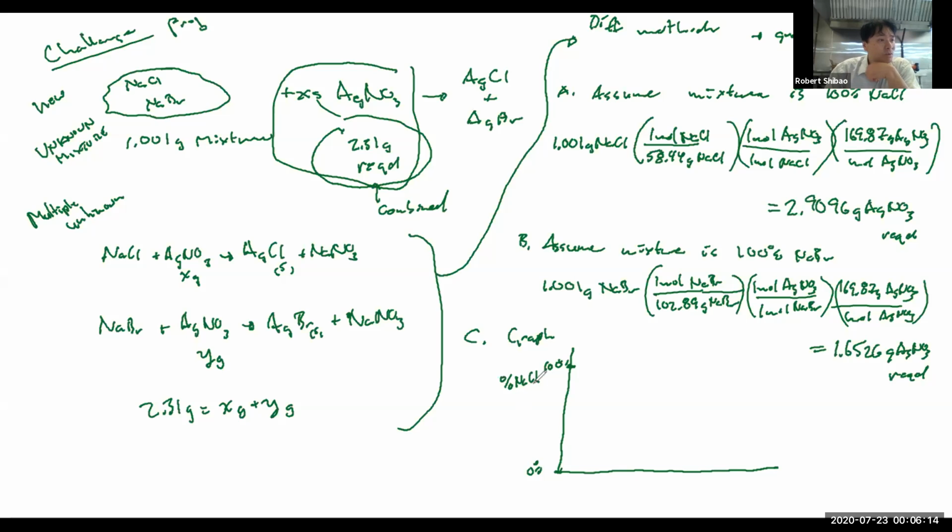So if we have 0% sodium chloride, it means we have 100% sodium bromide, and we require 1.65 grams. Put that here, 1.65 grams. This is grams of silver nitrate required. So that's our first data point.